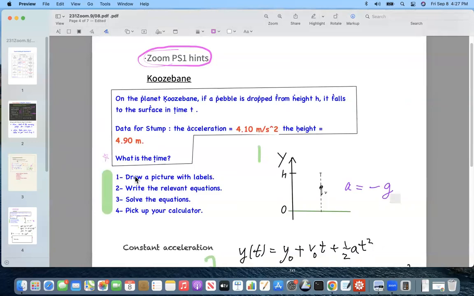Label it with letters that stand for the variables that are important. Step 2 is to write down the relevant equations. Now, if you've read the book and taken notes, then you have a page of equations and you can use the equation that you have written down in your notebook.